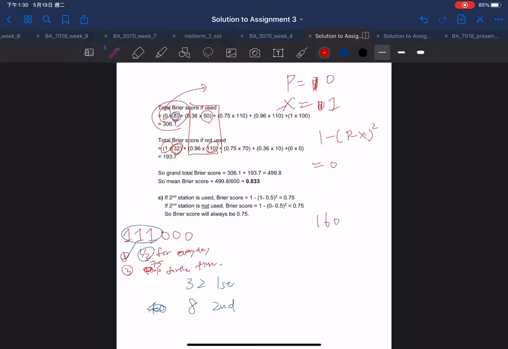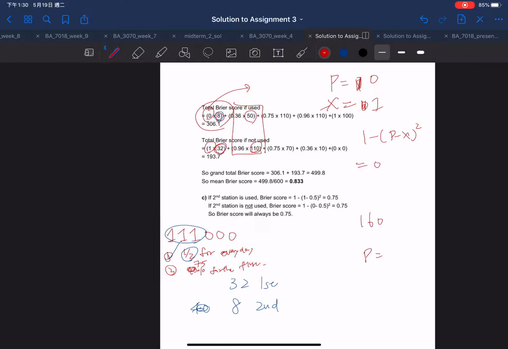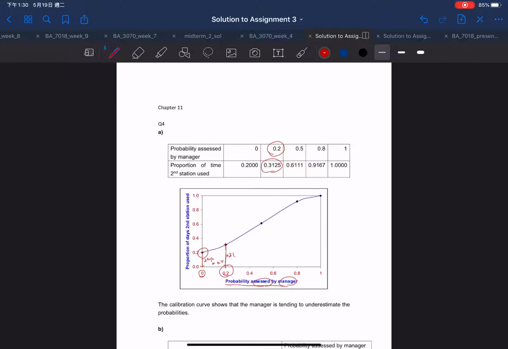and the prediction was what? What's the prediction? 0.2.